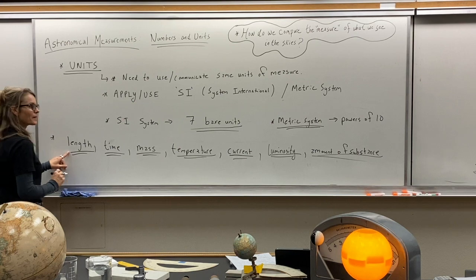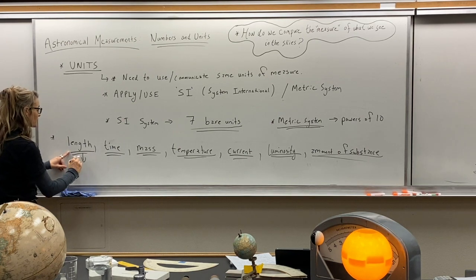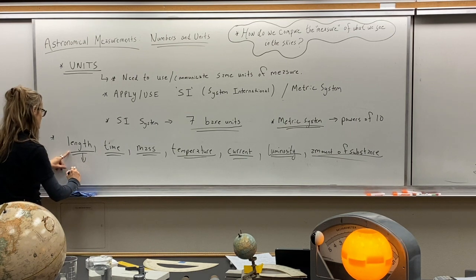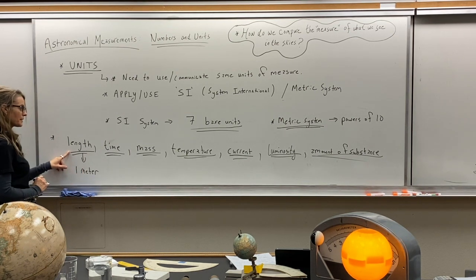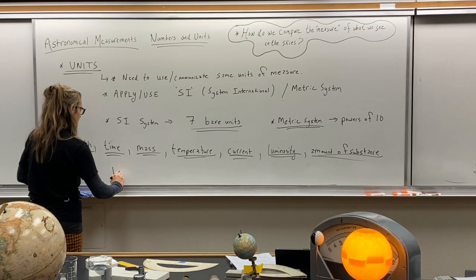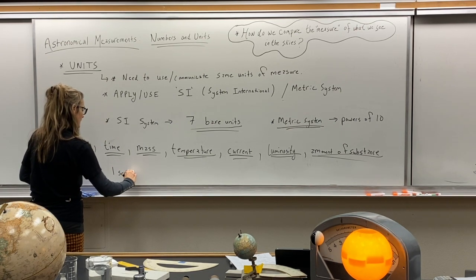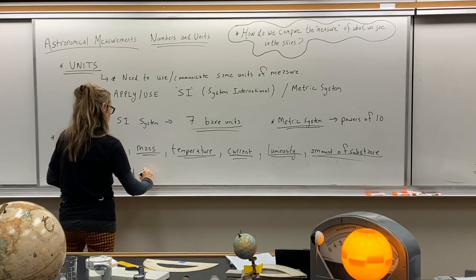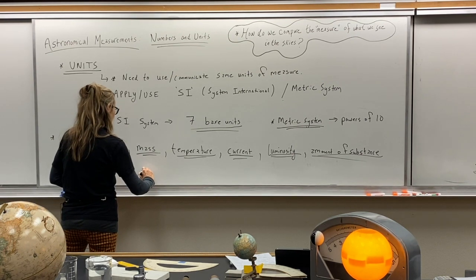So how do we agree upon length? Well, the agreed upon measurement that we use to base things like the speed of light on is the meter, 1 meter. Time is 1 second. We have a standard for the second. For mass, we have a standard for the kilogram.